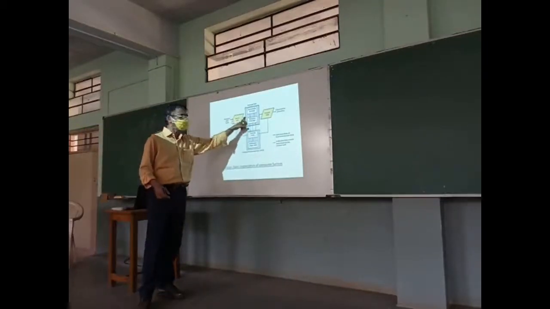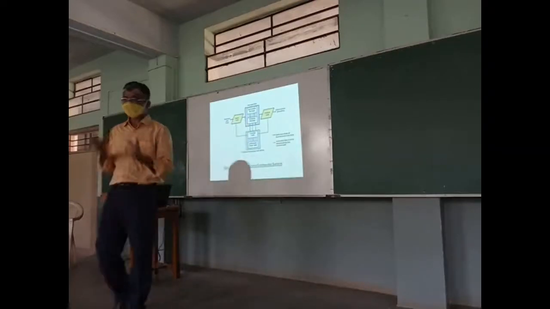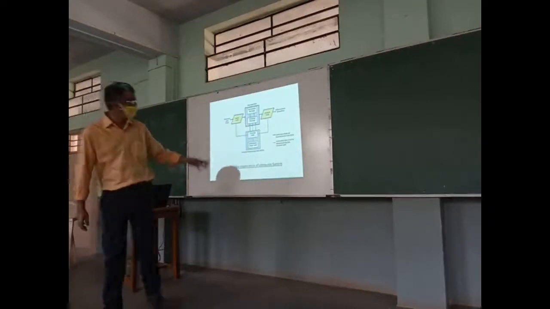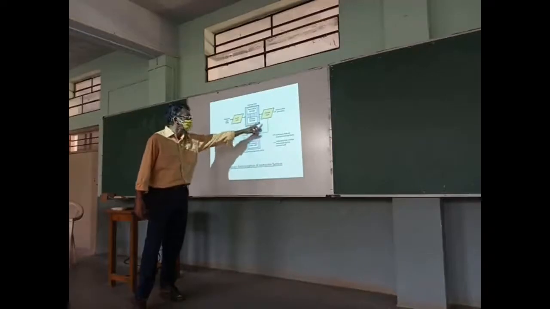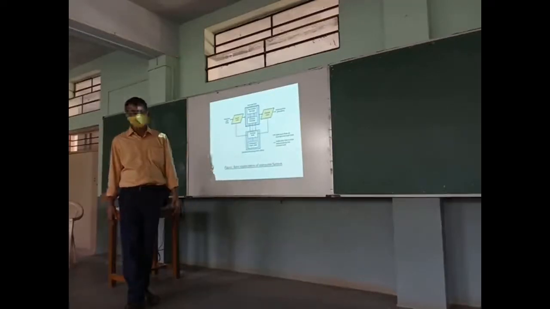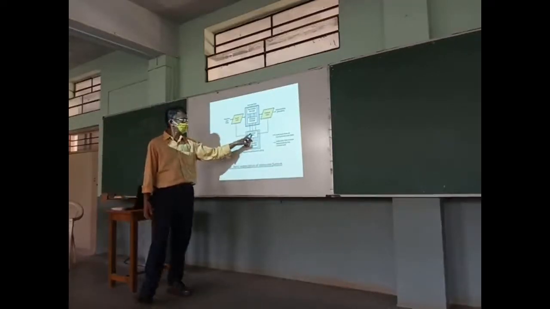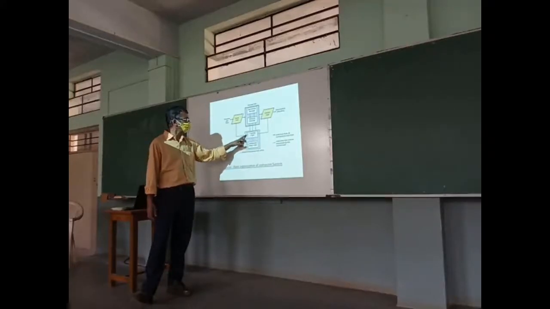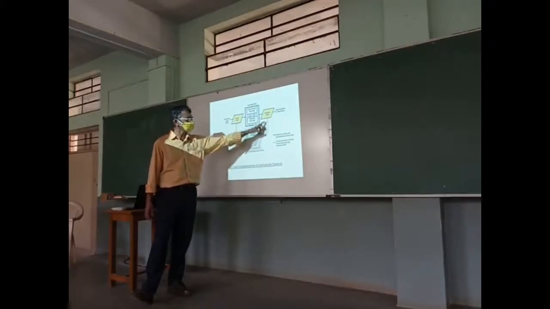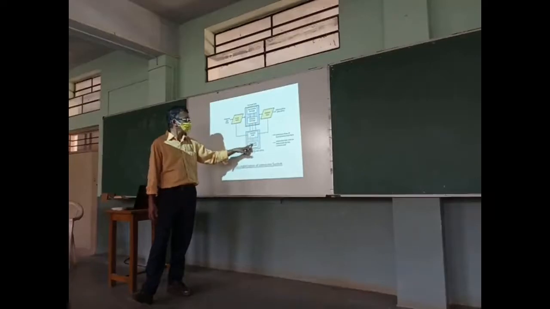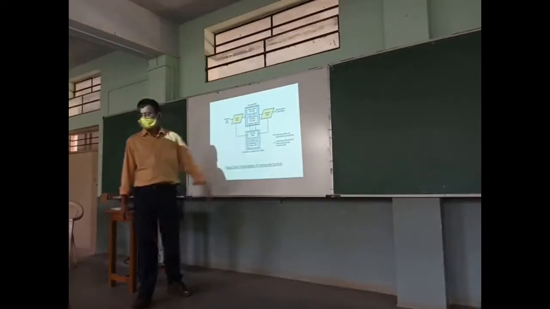What you find in the dark lines is the data flow, how the data moves. What you find in the dotted lines are the control signals. You can see here control signals generated from the control unit. One control signal goes to the input unit, another goes to the output unit, another goes to the arithmetical logical unit, and one more control signal goes to the memory.